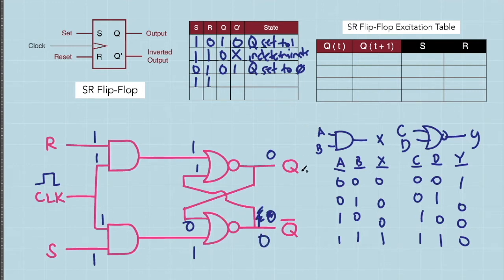And recall that the output and the inverted output are the same, hence this is an invalid set of outputs. Therefore, we established the fact that when set signal is logic 1 and reset signal is logic 1, this results in an invalid output. Hence, these inputs are invalid and result in an indeterminate state.